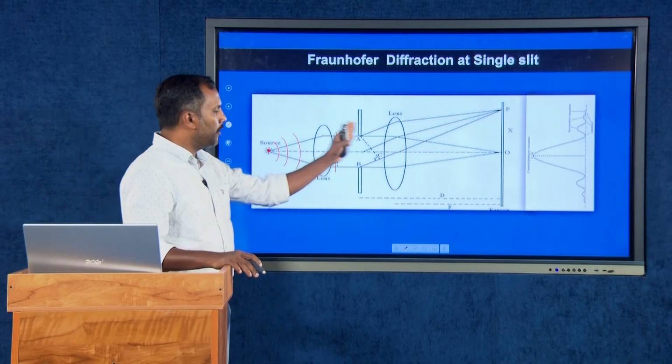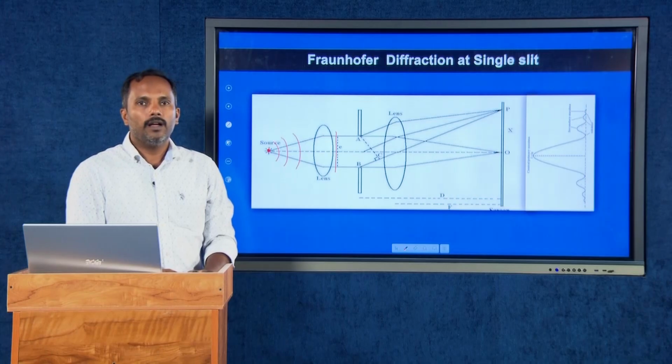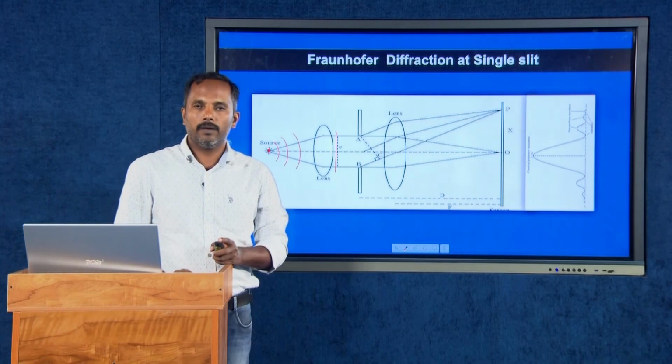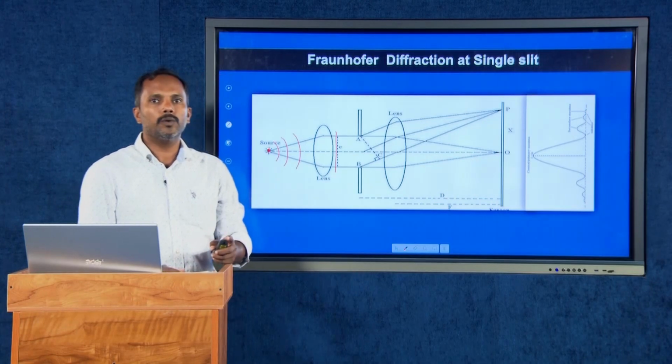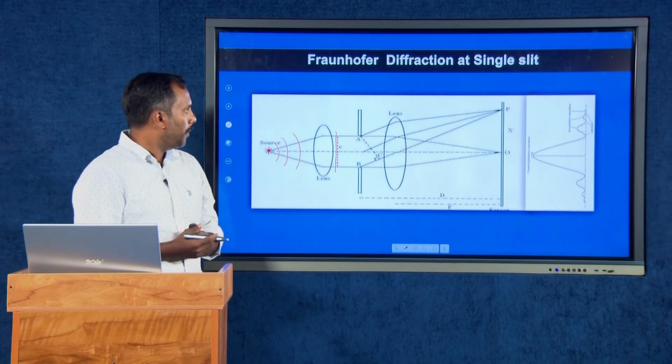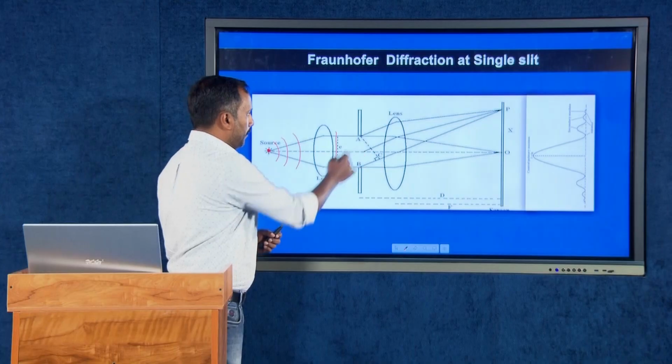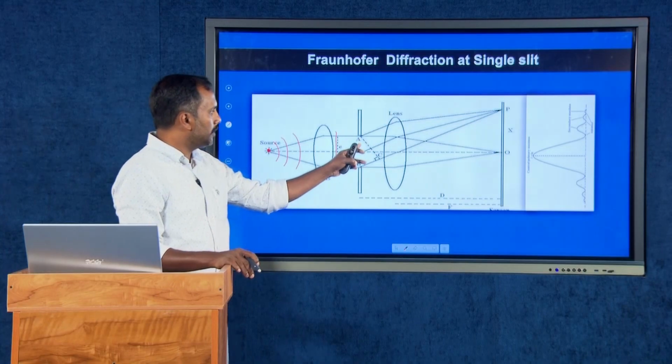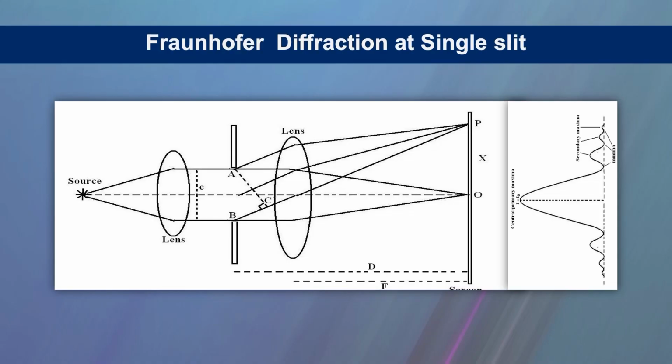Therefore a plane wavefront is incident on slit AB. We are assuming this is monochromatic light. Now this light is incident on slit AB, and here we take e as the slit width.